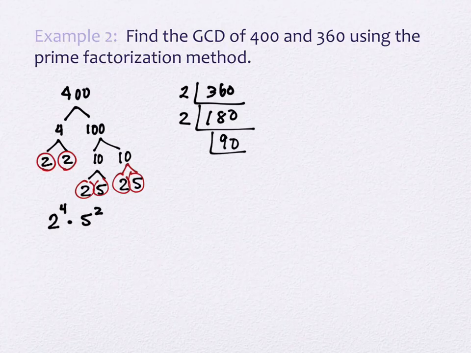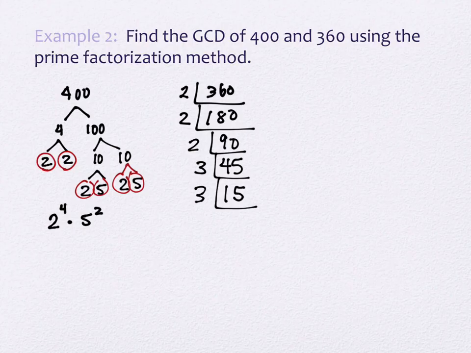And I can divide that by 2, and I get 45. I no longer divide by 2. 45 is not even. 5 works, but there's a smaller one that works. 3 will actually divide 45. 45 divided by 3 is 15, which will divide by 3 again, and then give me 5.